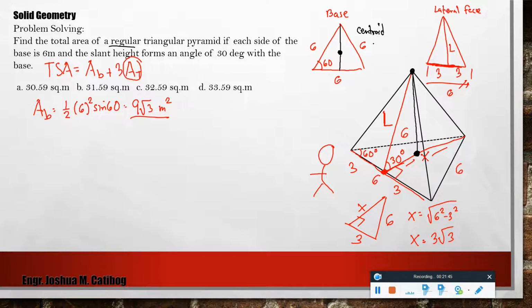Ito po ay yung median ng ating triangle. If the median is this line, x po yung kabuuan. So itong from the side papunta sa ating centroid, this is 1/3 ng ating x. And from the vertex po papunta sa ating centroid, yan po yung 2/3 ng ating x.